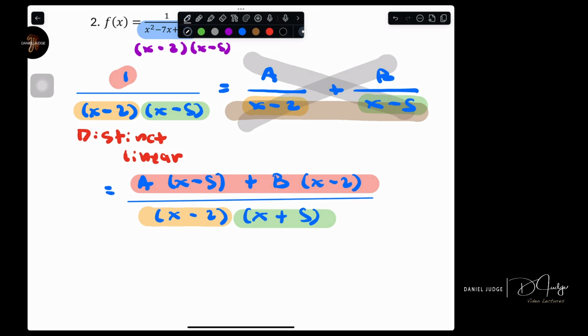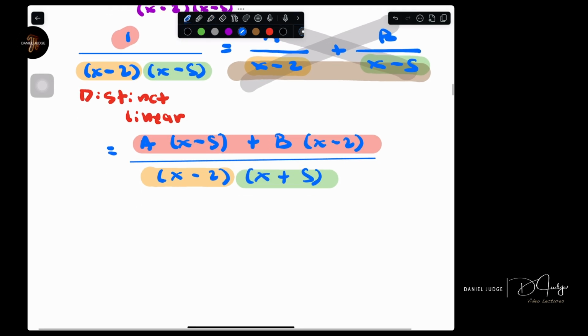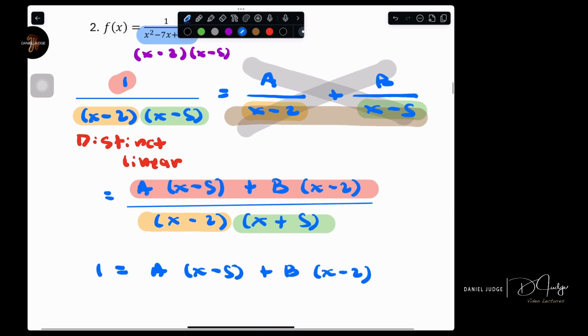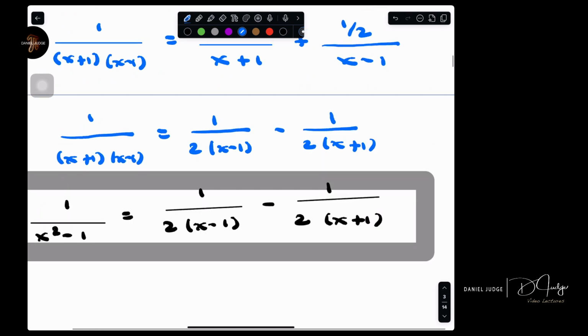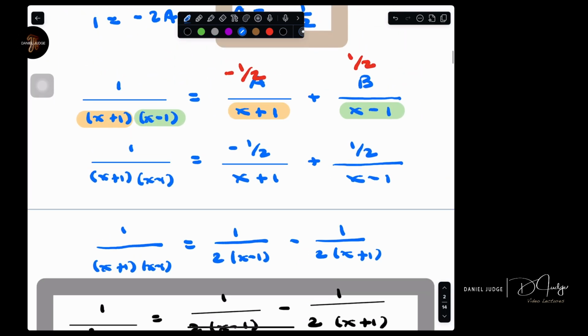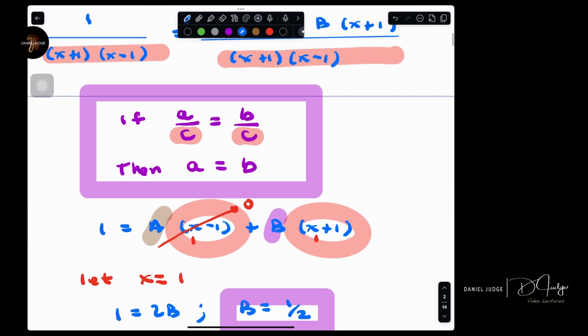Now, what that means is the equation becomes 1 equals a times x minus 5 plus b times x minus 2. So I'm going back and using a little bit of the logic I described earlier for you guys. Let's see if we can see everything there.